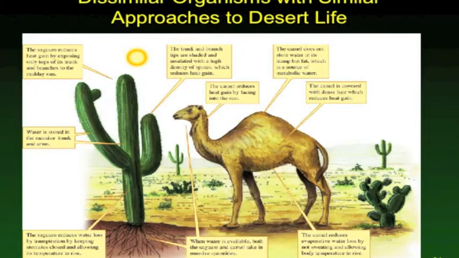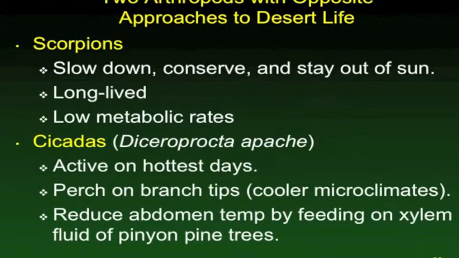Two other creatures that live in the desert have different ways of dealing with the water loss that they face. The scorpions tend not to move around very much at all during the day. They do their hunting at night, and they have very low metabolic rates so that they don't have to go out and capture food very often.